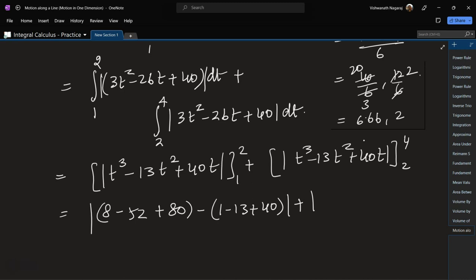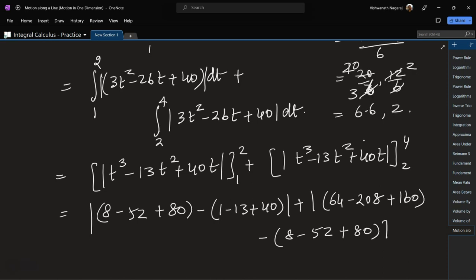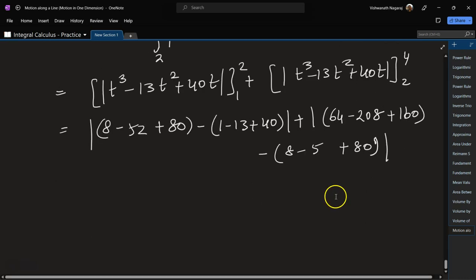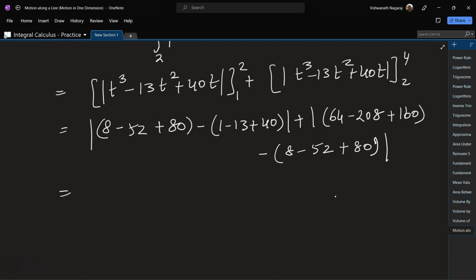Okay, and here we get 4 cube, that is 64, minus 4 times 4 is 16, times 13 is 208, plus 160, minus 8 minus 13 times 4 is 52, plus 80. Again we have to close the absolute value. Okay, so now if we evaluate this, what do we get?